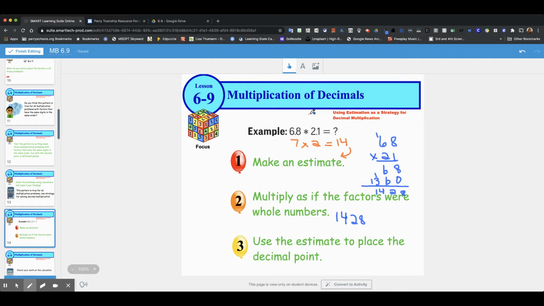But I do remember that I made an estimate of 14. So I'm going to use that estimate to help me place my decimal point. So if I'm looking at this, and I'm thinking, all right, where would I put a decimal in 14? I know my decimal would go right here. So I'm going to put my decimal right here. So that tells me that 6 and 8 tenths times 2 and 1 tenth actually equals 14 and 28 hundredths, 14.28.